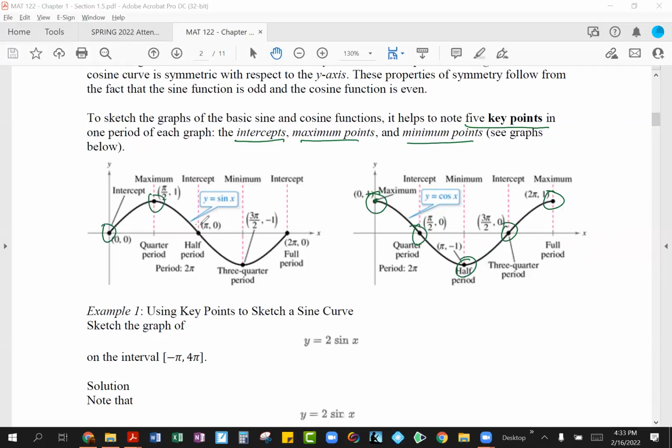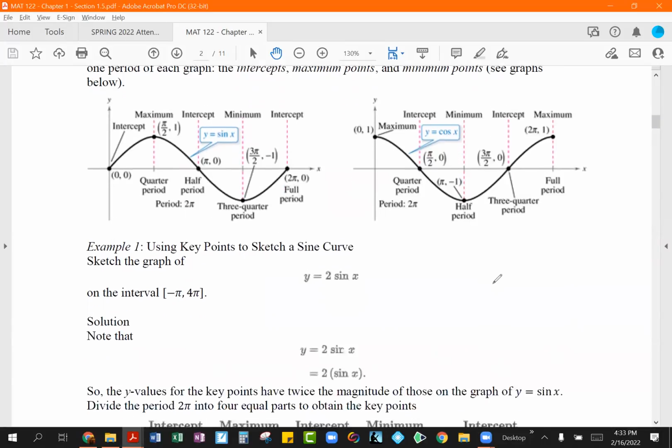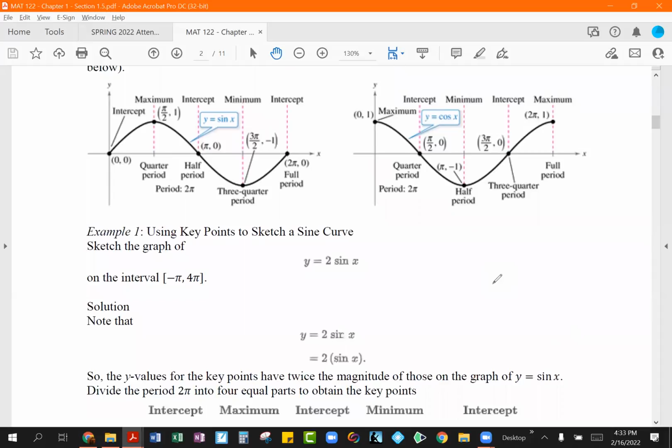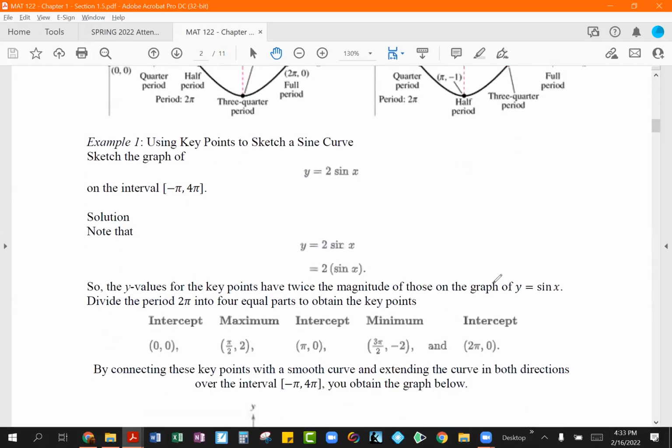And you can see they are in different locations for your sine and cosine functions, because even though you are going from 0 to 2 pi, you can see how different these two graphs look within that same period. So let's go over this example here in your handout, and then we'll pick one example from the textbook.